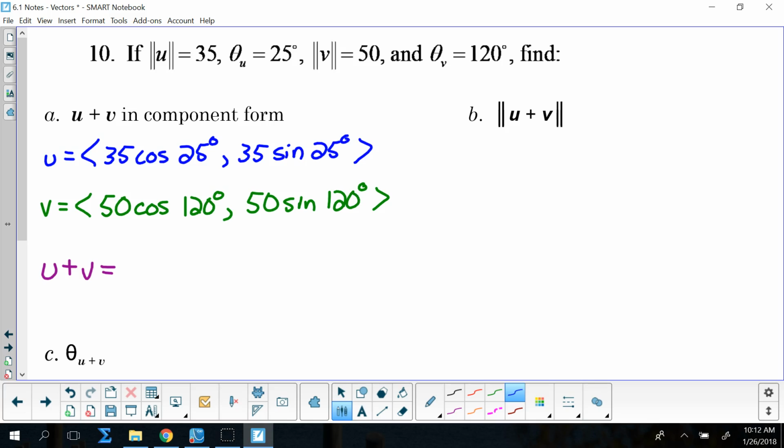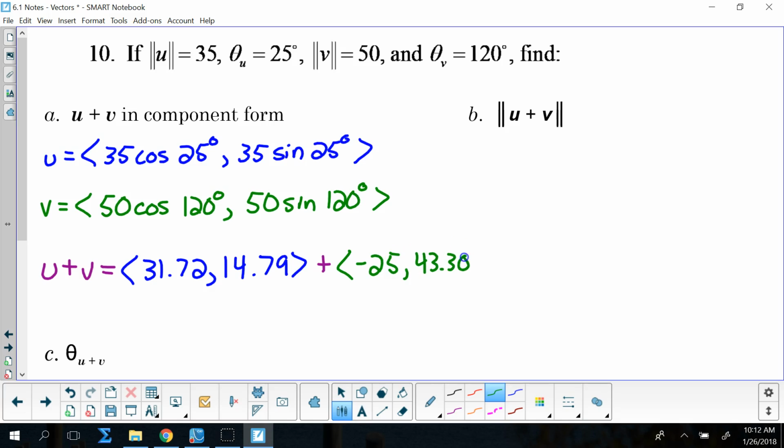Well, u is 31.72 and 14.79. V is negative 25 and 43.3. Okay.